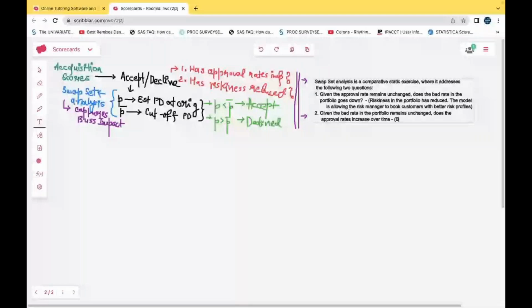So this shows that the booking in the portfolio has increased, given the risk manager is willing to accept a given level of risk.